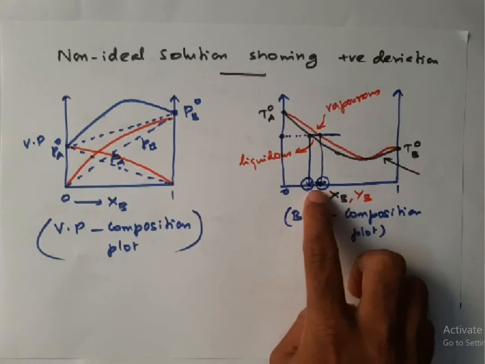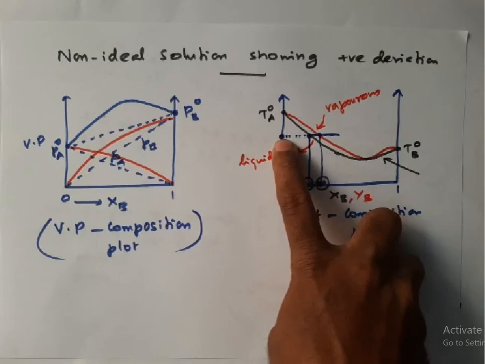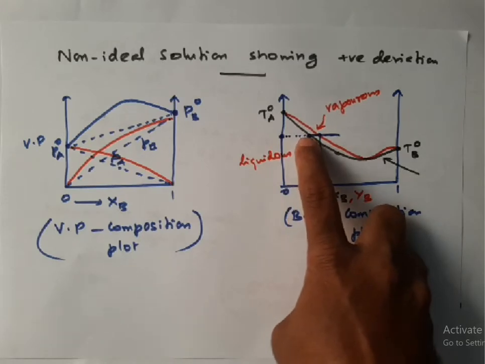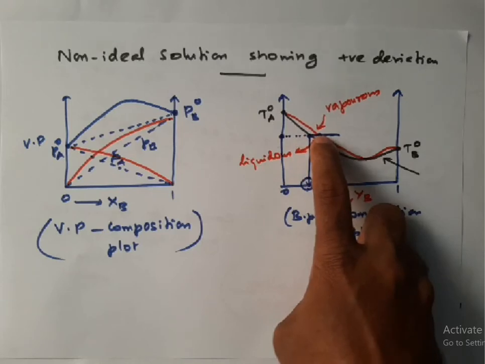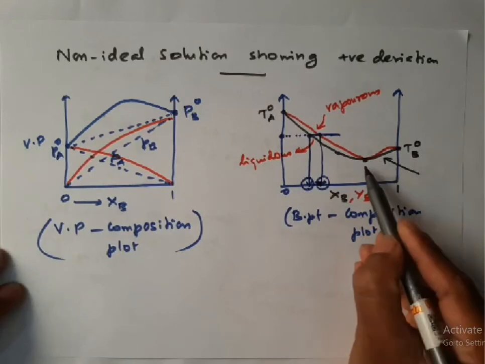Students, observe carefully, because you have taken some boiling point. At this boiling point, the mole fraction of B in the liquid phase and the mole fraction of B in the vapor phase are different. But this boiling point here is the minimum boiling point.